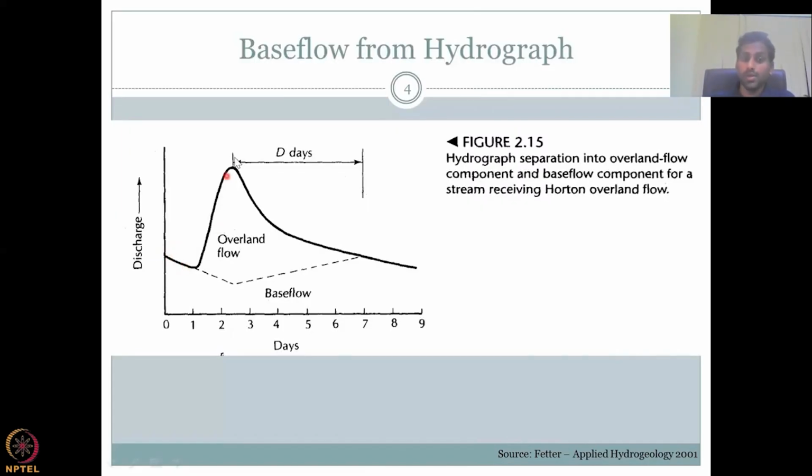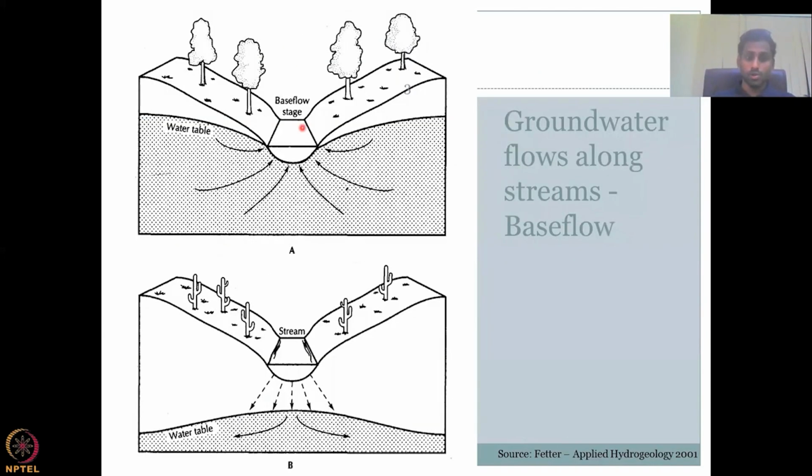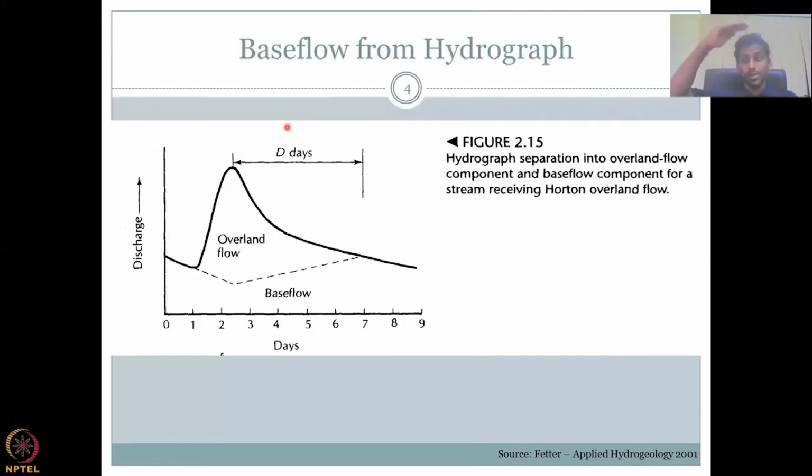But as soon as rainfall picks up, the base flow component goes down. Why would that be? It is because when rainfall comes, the river level goes up. Once it goes up, it is at a higher potential compared to the groundwater.